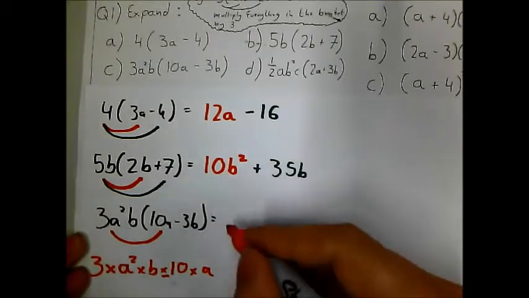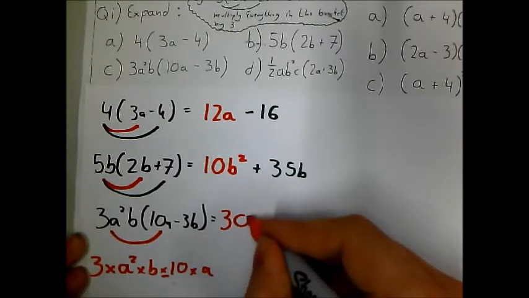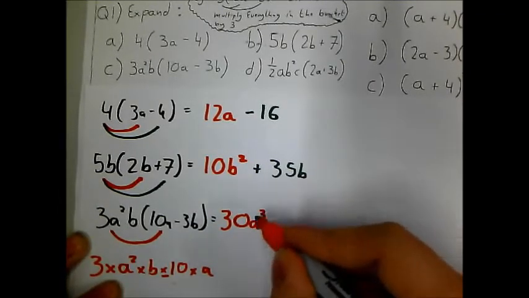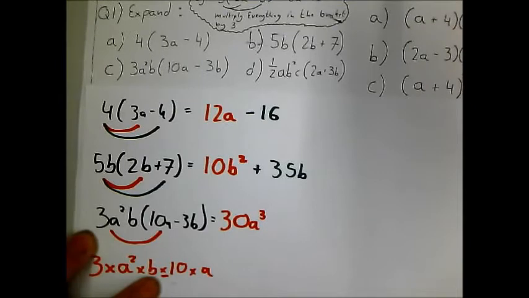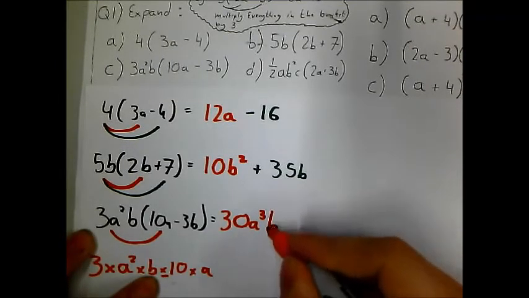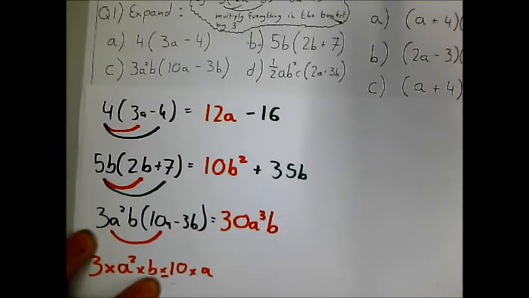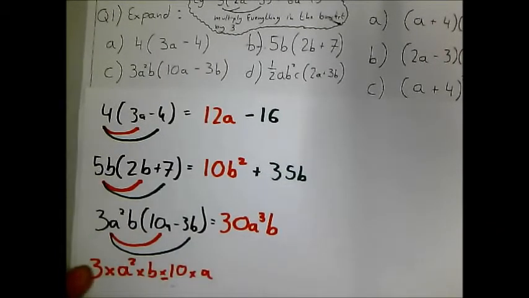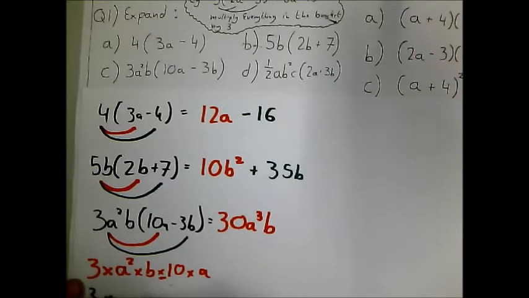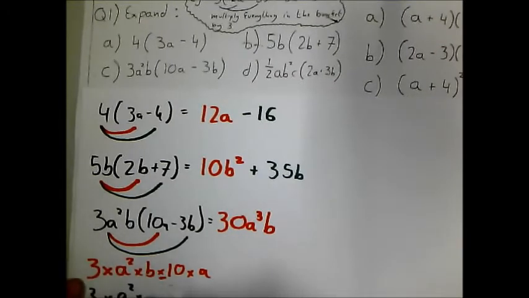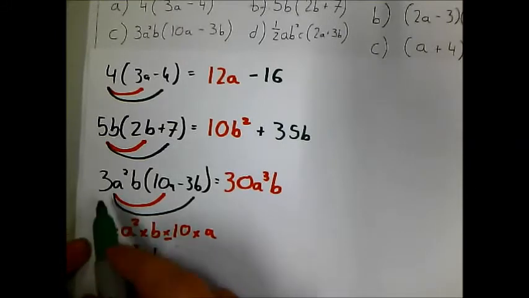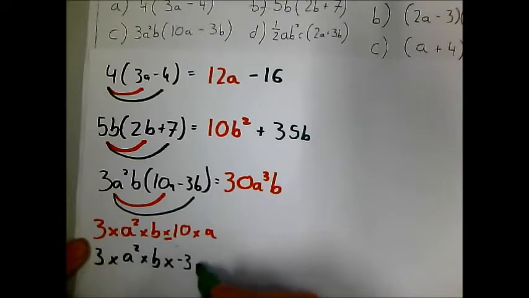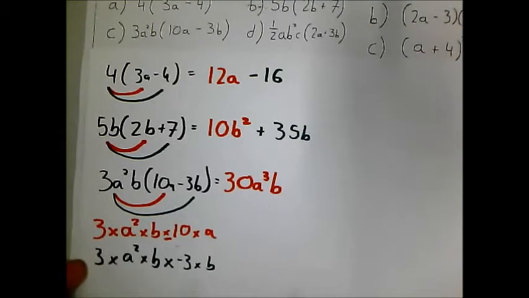Now I know 3 times 10 is 30. I know a squared times a is a cubed, or a to the power of 3. And then I just need to multiply it by b, and there's nothing for that to combine with. Okay, and I want to multiply it by negative 3b, so once again, 3 times a squared times b, that's the front bit, multiplied by negative 3 times b.